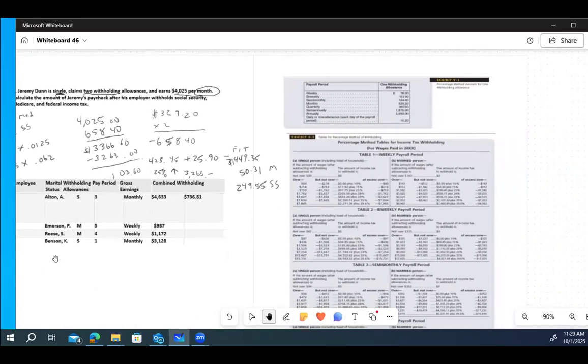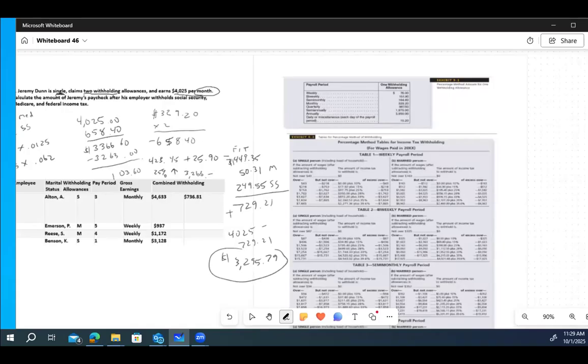Of $729.21. And if I deduct that, that's going to be his total tax. So if I deduct that from the 4,025, 729.21, it's going to be a paycheck of $3,295.79.